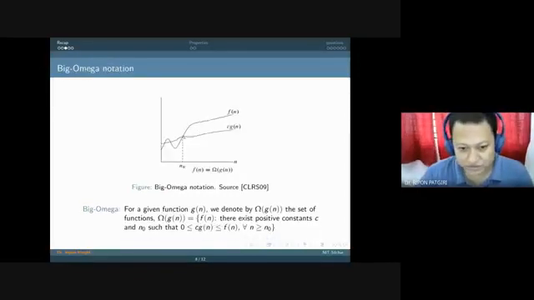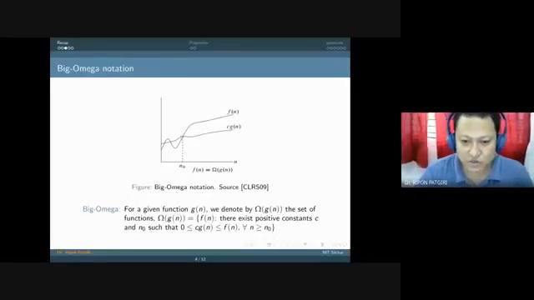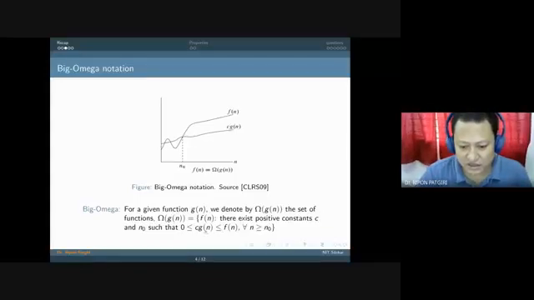And again, big omega is just the reverse of big O. For f(n) and c of g(n), f(n) is greater than c of g(n), as the definition given at the bottom shows, so you can see.